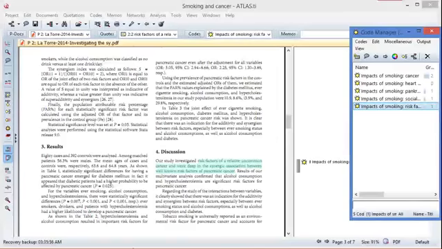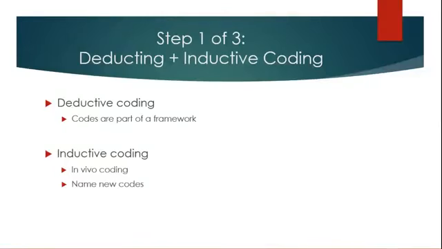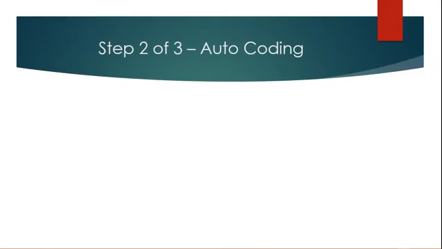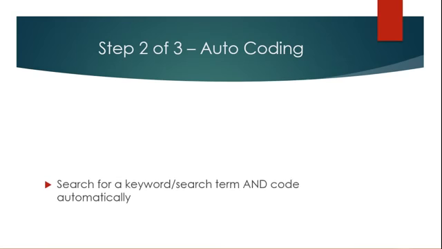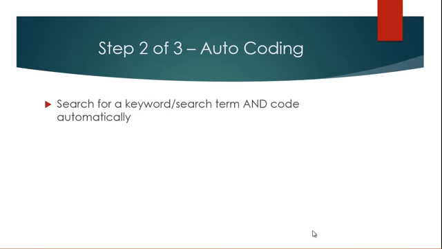Now, that's step number one. So we're going to do both deductive as well as inductive coding throughout the reading. And step number two, if it is relevant for your purpose, you can do auto-coding. Auto-coding means we are asking Atlas TI to search for a specific keyword or search term. Not only do we want Atlas TI to search for us, we also want Atlas TI to code automatically.